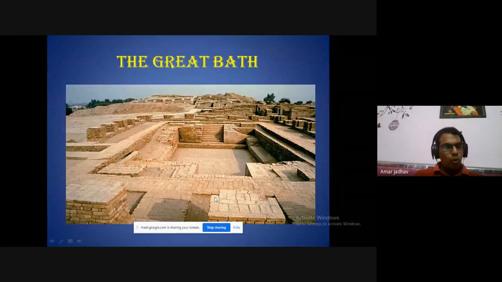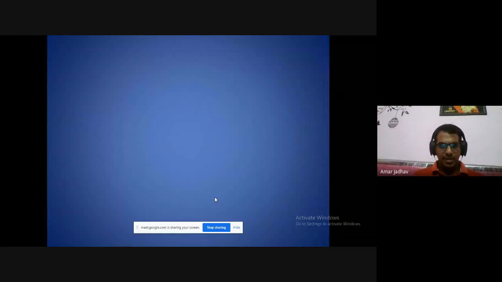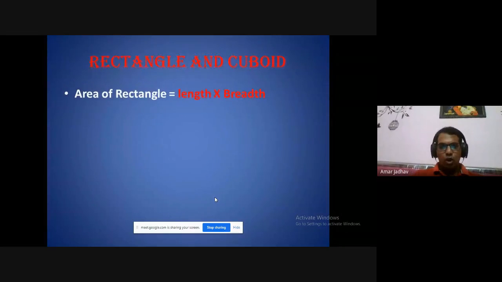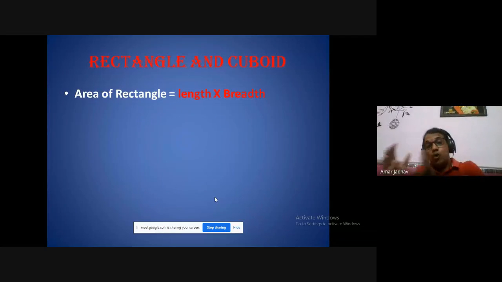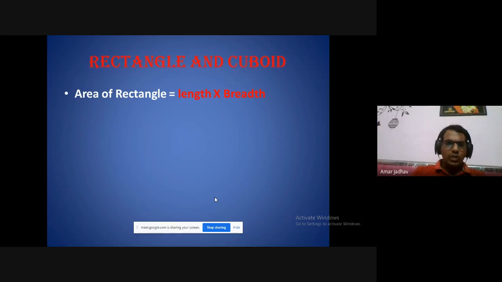Now, guys, I'm going to do a little bit of math with you. We are doing history, but let's do a little bit of math connected to this. Rectangle is a 2D shape and cuboid is a 3D shape, with an additional dimension, that is height. What's the formula for area of a rectangle?